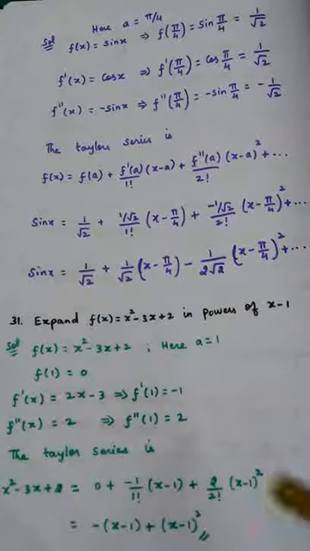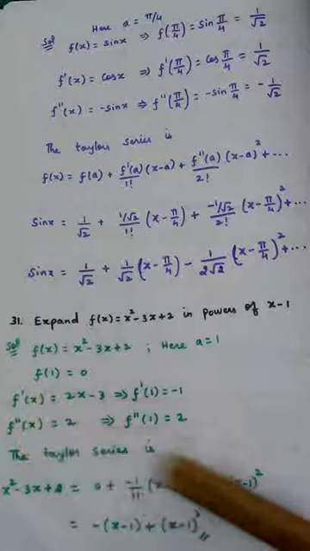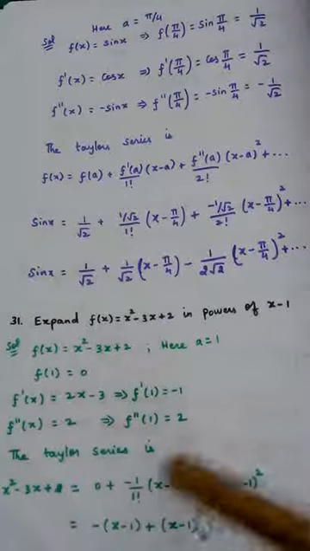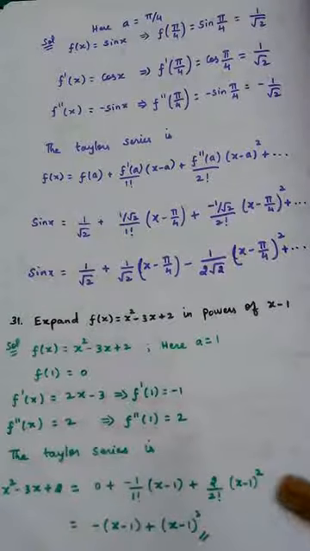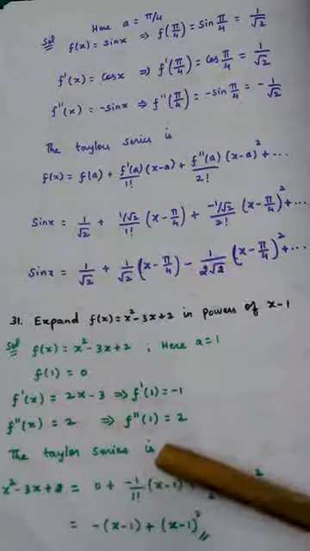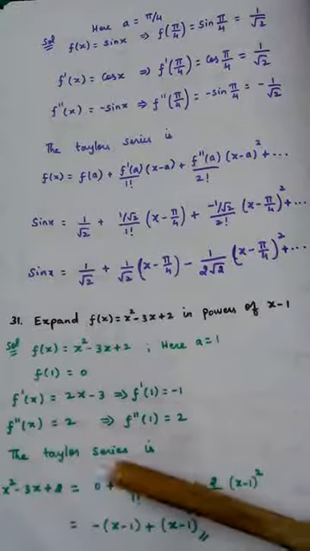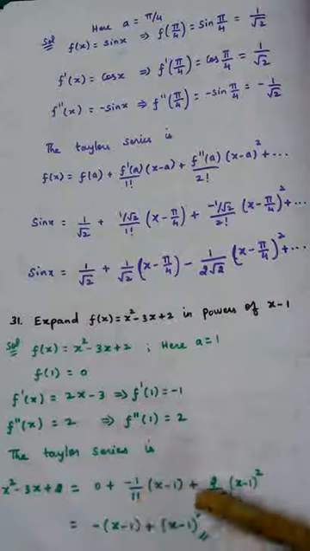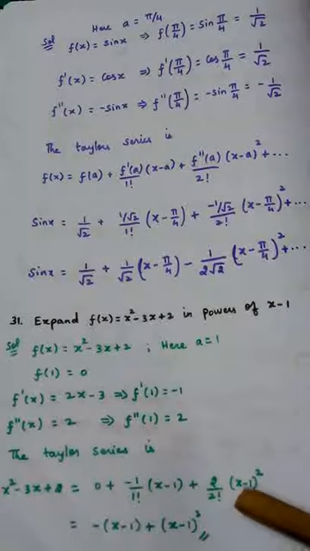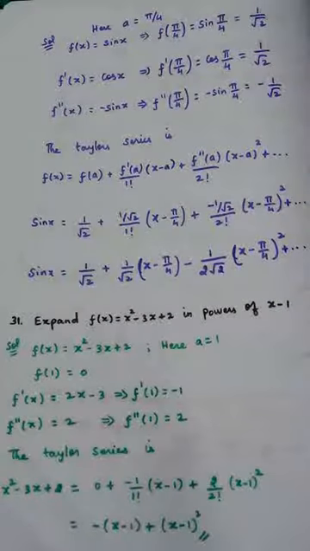Here I cannot put plus dot because the next differentiation becomes 0. So totally only these will be present. There will not be any other terms here. So I am not putting dot dot dot. So simplifying this, only minus stays, minus x minus 1 plus 2 gets cancelled, x minus 1 whole square is the final answer.